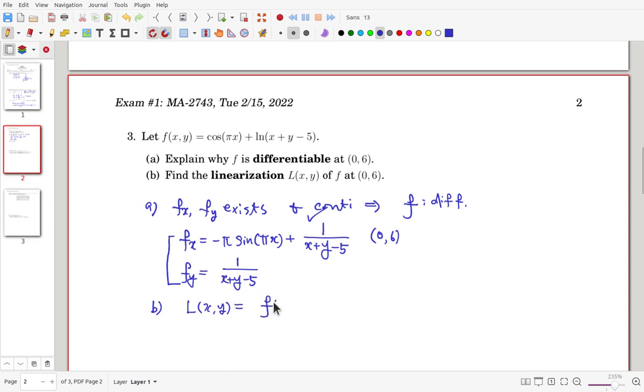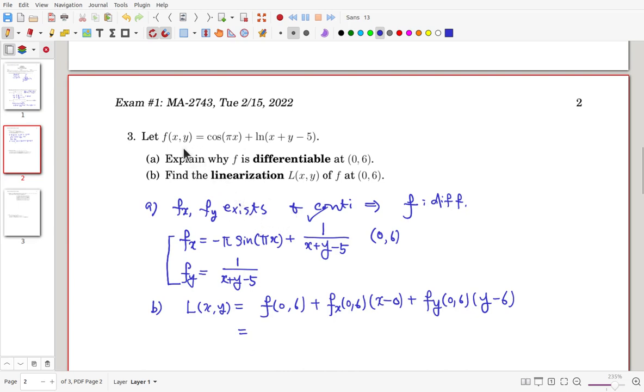There's f at the point 0, 6, plus f sub x at the point, times x minus, now the point is 0, plus f sub y at 0, 6, times y minus 6, right? Here, we have to get numeric values for these 3 terms, and then that's it.